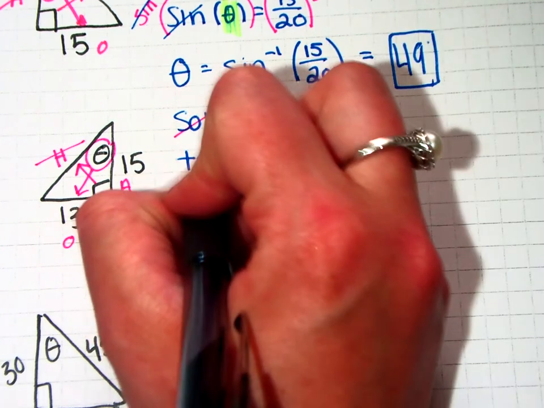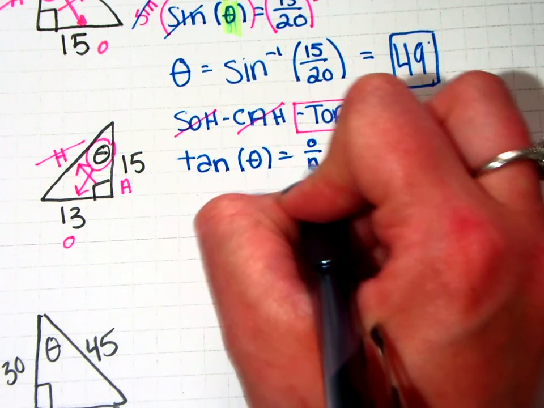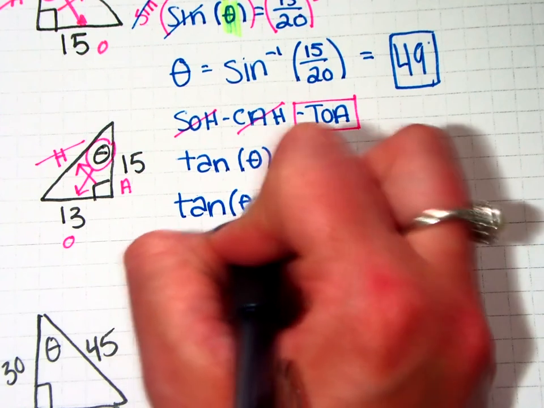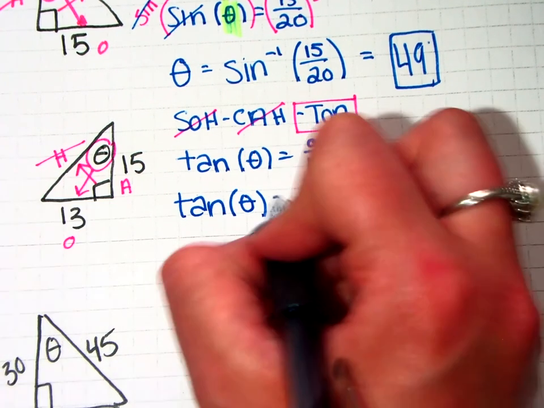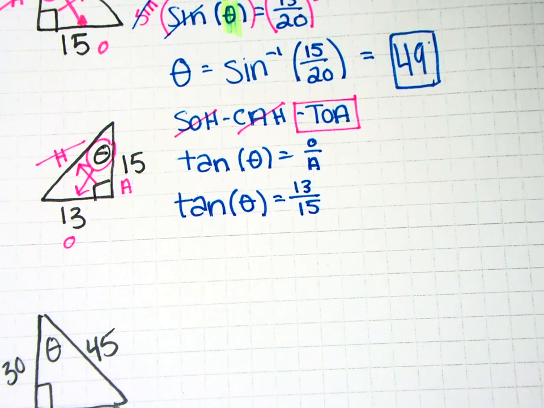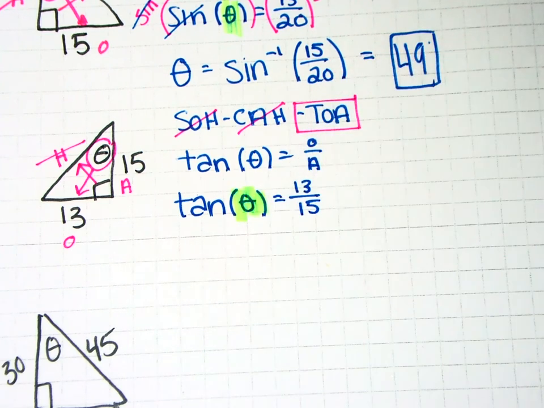So tangent of theta equals O over A. And then I substitute. Tangent of theta, I don't have an angle, equals opposite 13 over adjacent 15. My variable in this case is still theta, so to get theta alone, I have to use an inverse trig function.